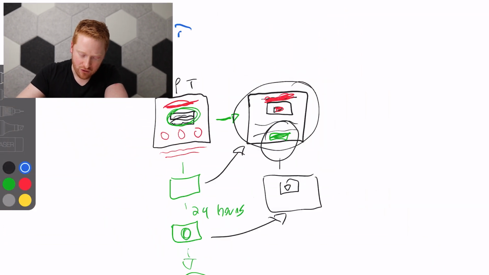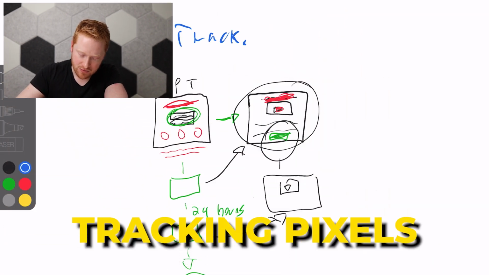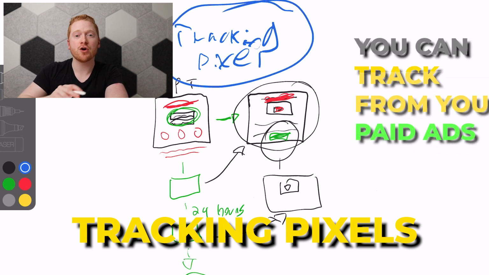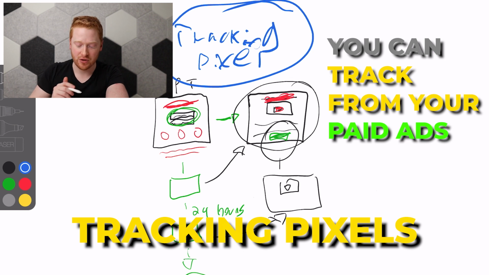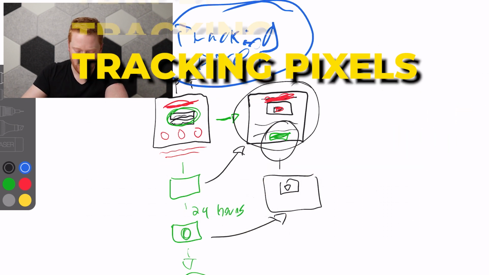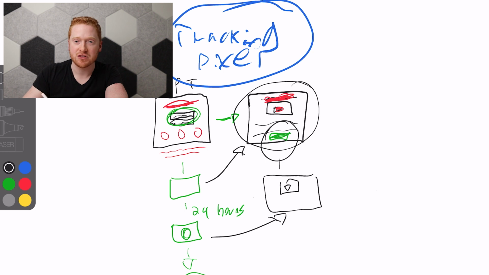It's super simple. Now, do keep in mind you need to have your tracking pixels, excuse my terrible handwriting, on these pages so you can actually track from your paid ads what your cost per acquisition or cost per lead is. Basically how that's going to work is your opt-in page will have its own URL, right?